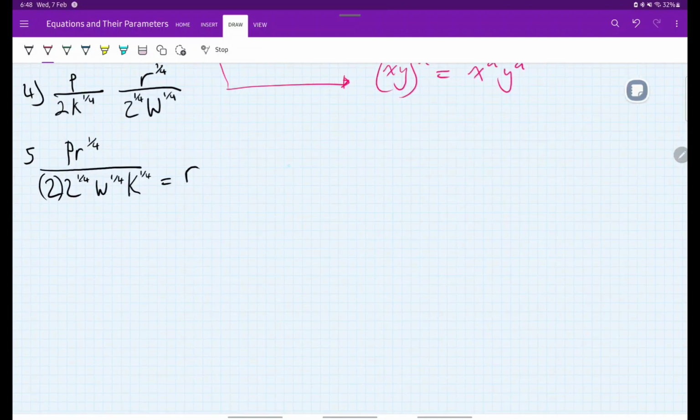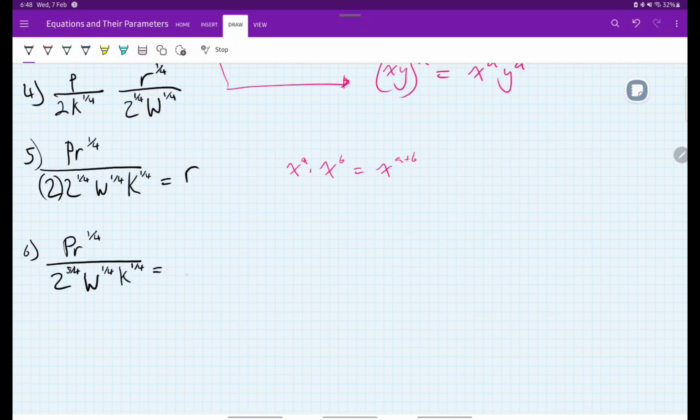And having x to the 1 times x to the a plus b to the 5/4 now.